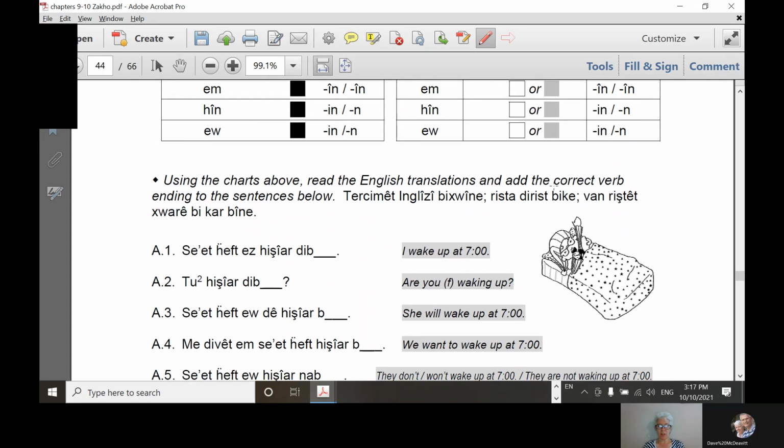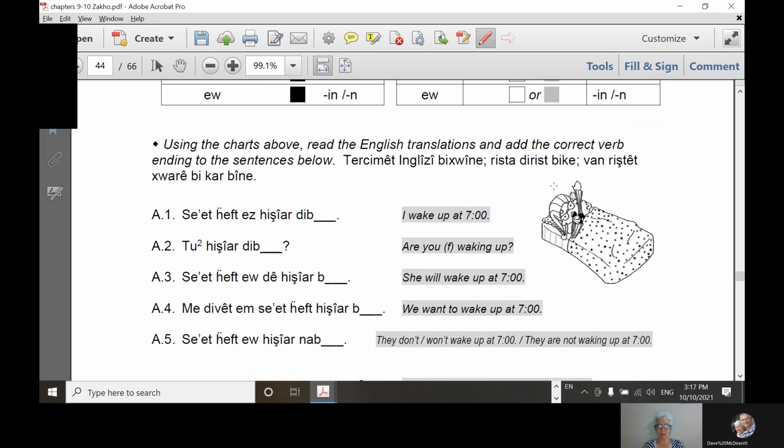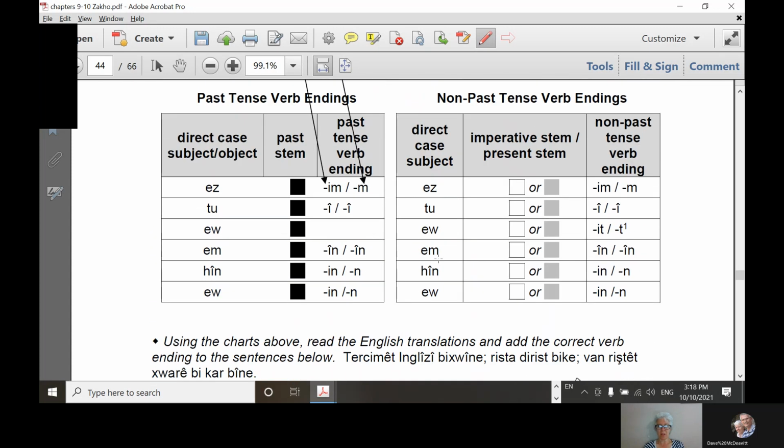So you use the charts above, read the English translation, and add the correct verb ending to the sentences. I've already given you the stem. So, I wake up. This is present tense. So we're going to use this chart, and we're going to use one of these endings here.